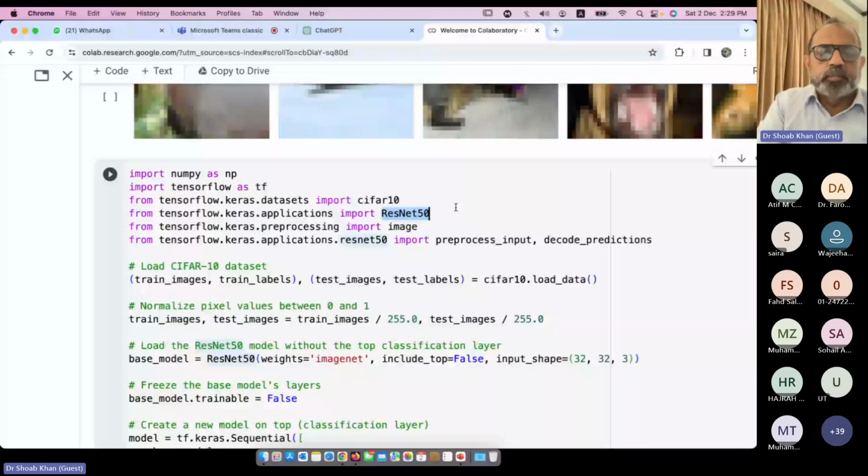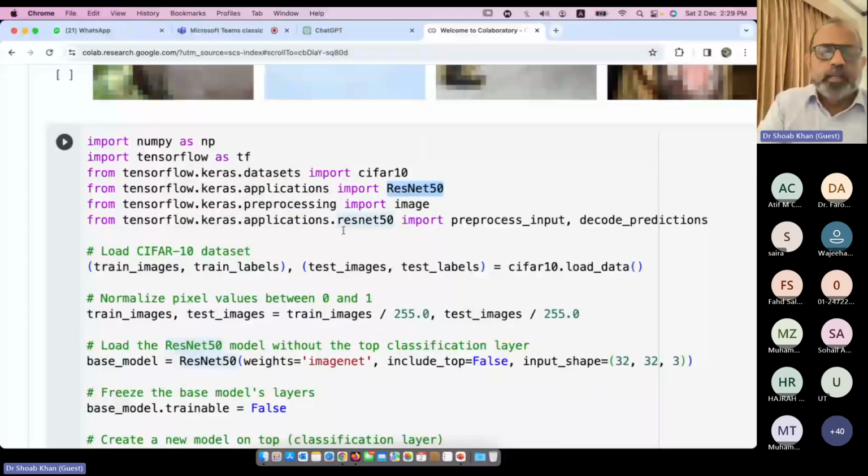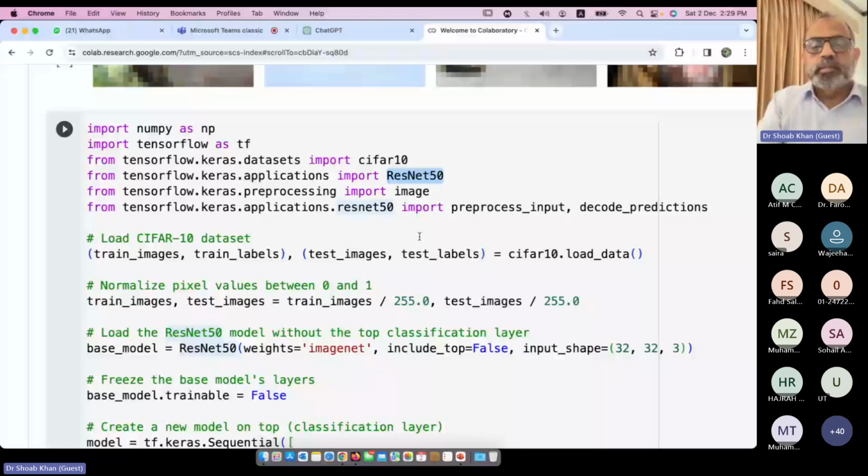It just imports this model, where 50 means that there are 50 layers. This was also one of the outcomes of the ImageNet competition, where they came up with this particular neural network, which outperformed the rest of the neural networks, and they provide you with this model.